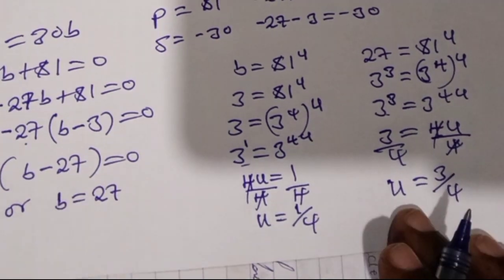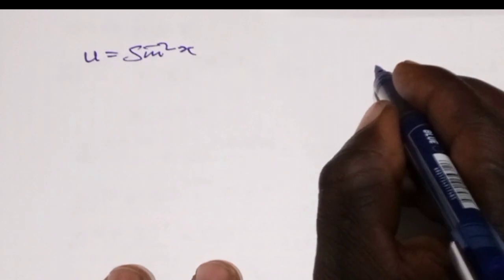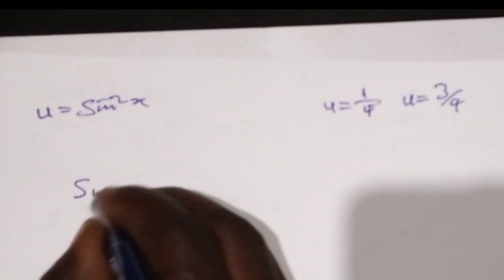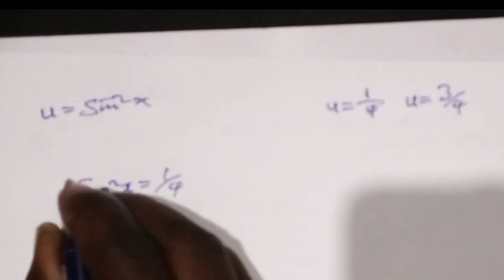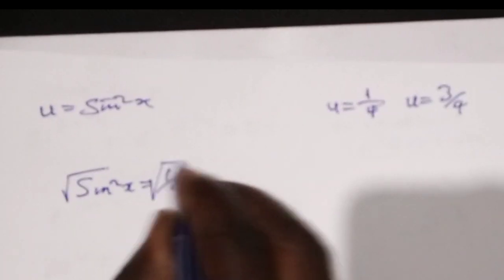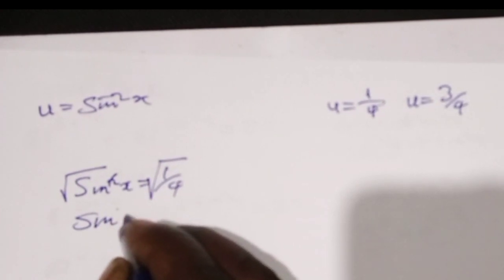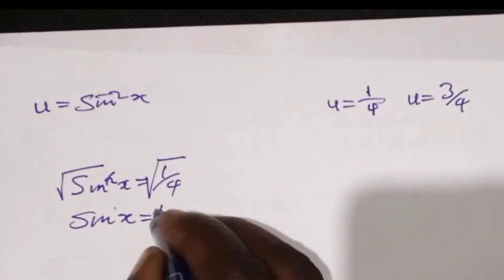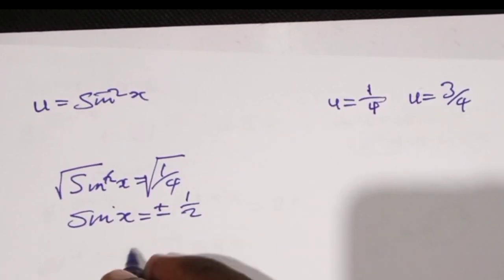Then u equals sine squared x, and we find the values of u. Sine squared x equals 1 over 4. When you take the square root of both sides, you have sine x equals plus or minus half, right?